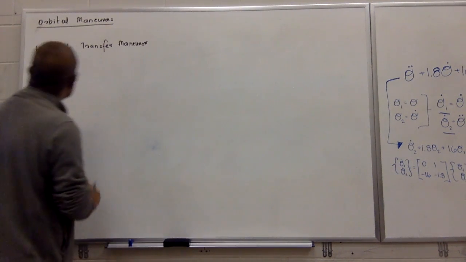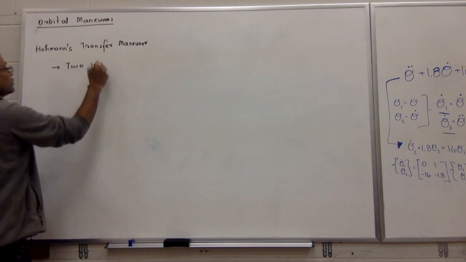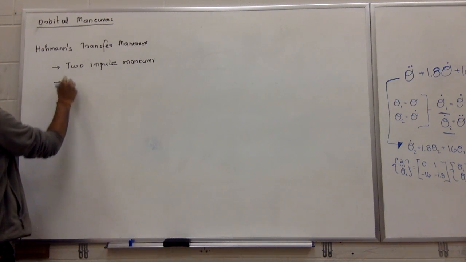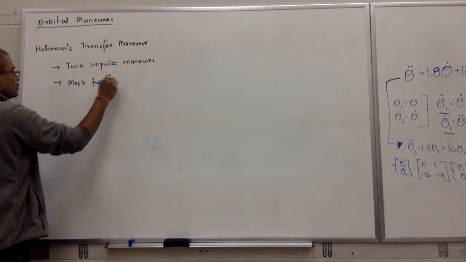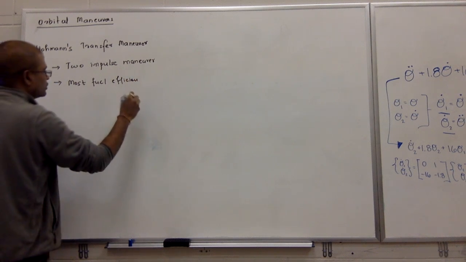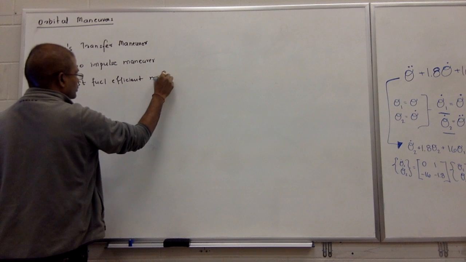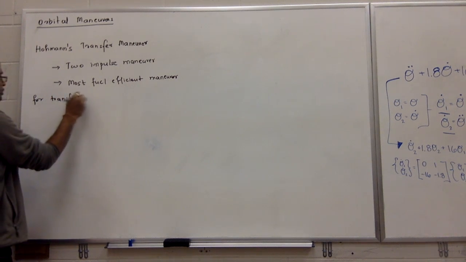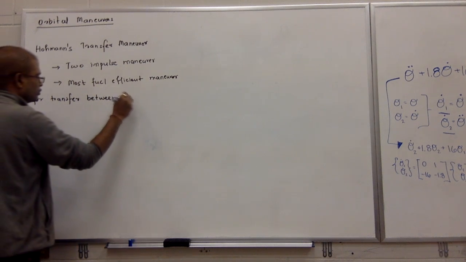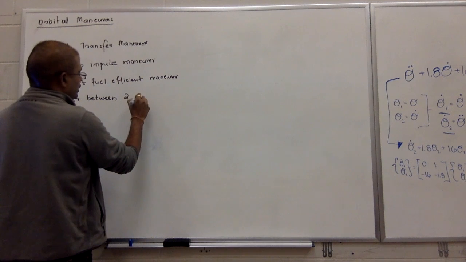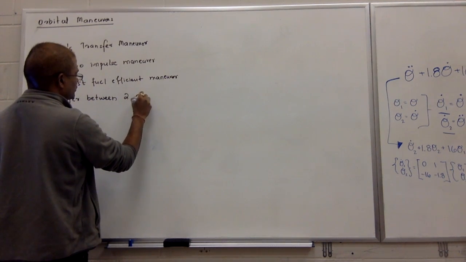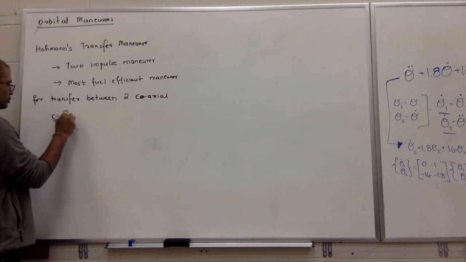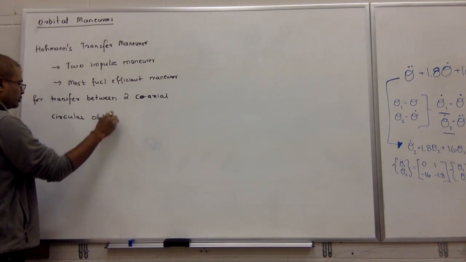First of all, it is the most fuel efficient maneuver for transfer between two coaxial circular orbits.